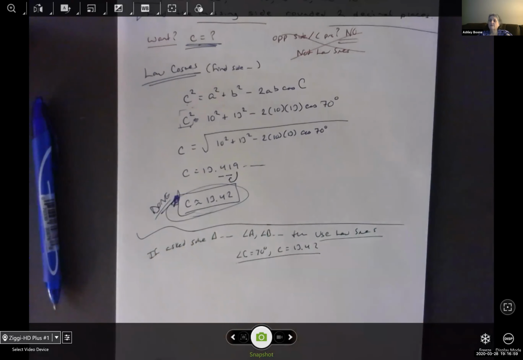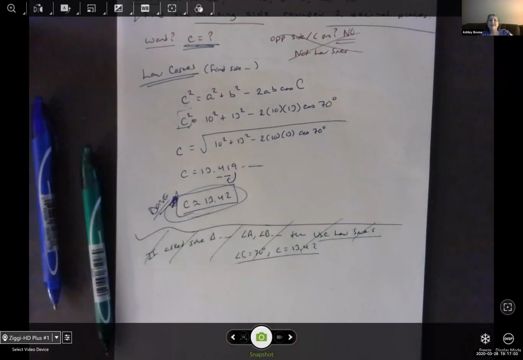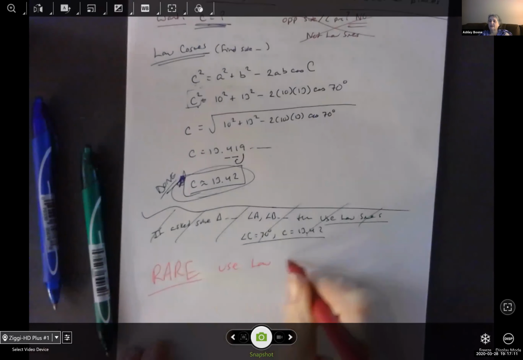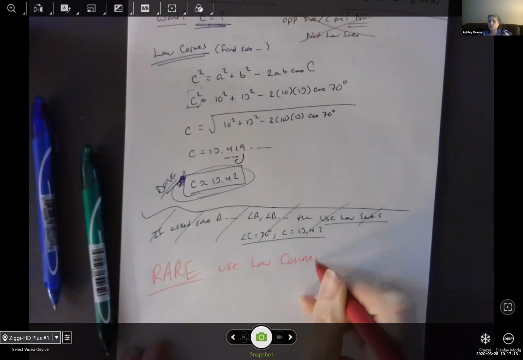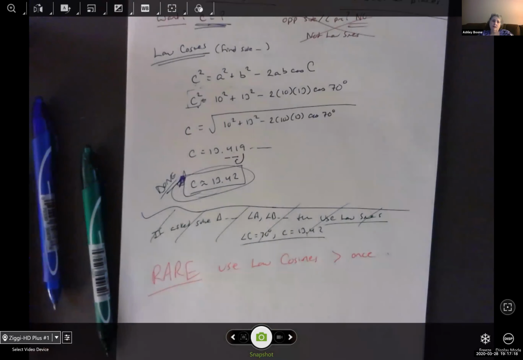But for this problem, we didn't want to go further. We're done. It is very rare to use the law of cosines more than once. If you need the law of cosines, you should only need to use it once. Let's look at a couple more examples.